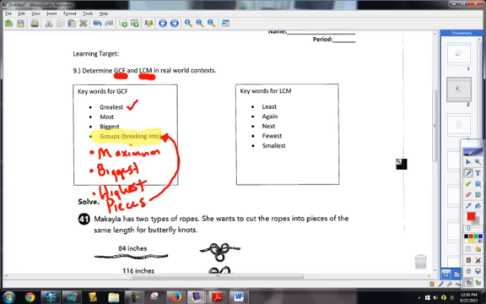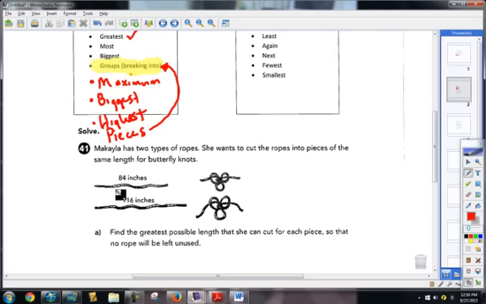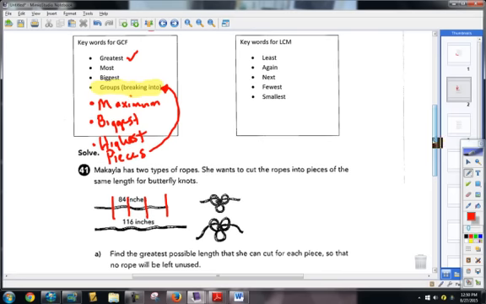In the question we're going to do in a minute, that's a piece of rope, and basically imagine taking scissors and breaking this into equal sized pieces. That would be a GCF question, just because you're figuring out the greatest amount of pieces you could have. So those are all words that really are going to mean greatest common factor.